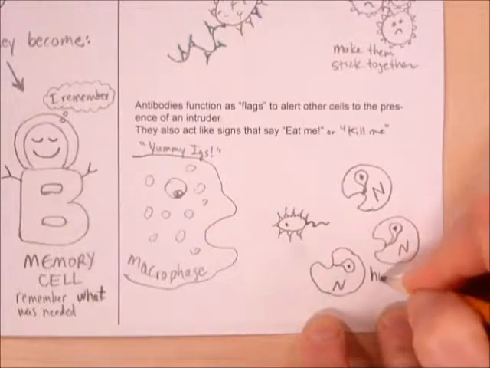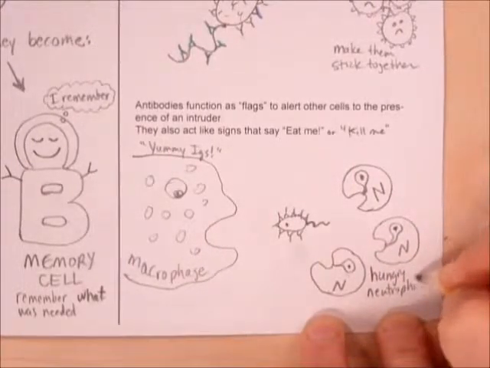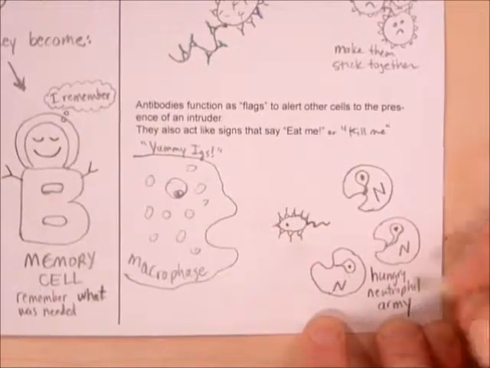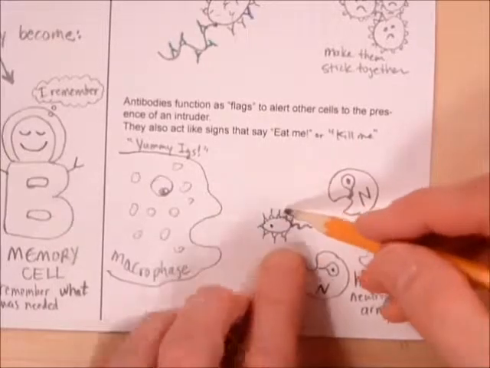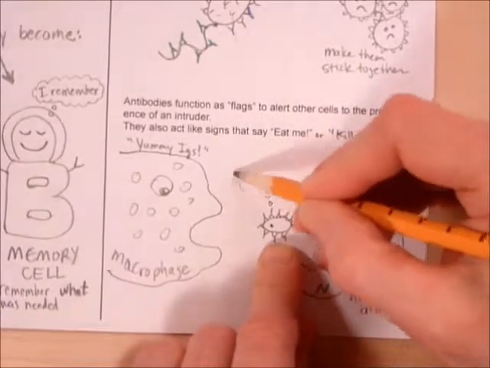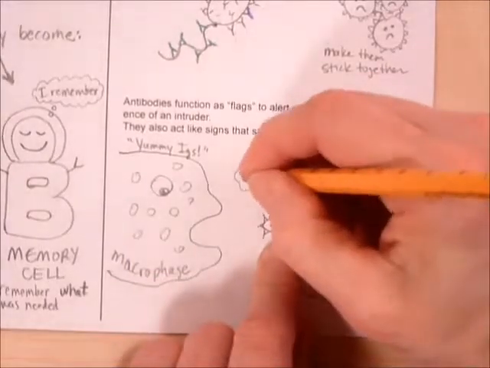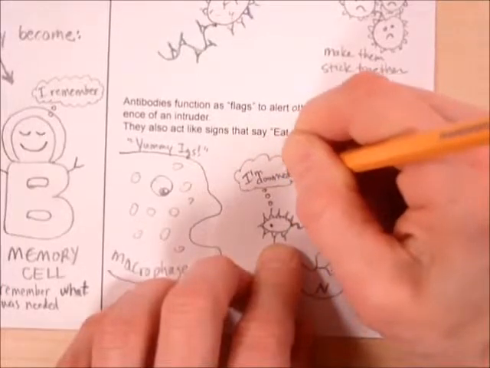I'll put down here, hungry neutrophil army. And that's not what the bacteria wants to come. And they're attracted to these IGs. And so he's thinking, I'm doomed.